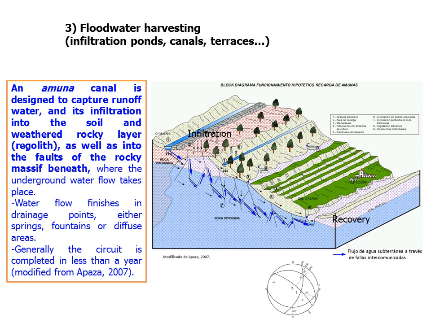And the third category, or flood water harvesting, includes infiltration ponds, canals, terraces, etc. Into this category it is important to outline the amunas, which is a canal designed to capture runoff water and its later infiltration into the soil and weathered rocky layer or regolith, as well as into the folds of the rocky massif beneath. We'll talk about amunas canals with a certain detail later.